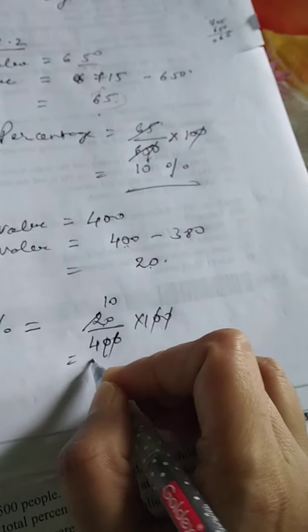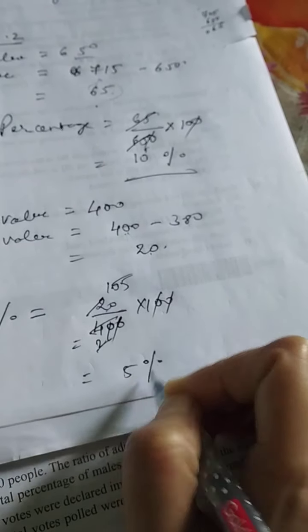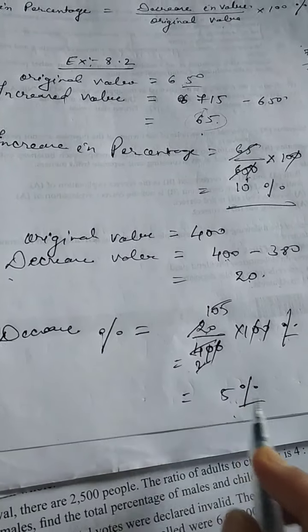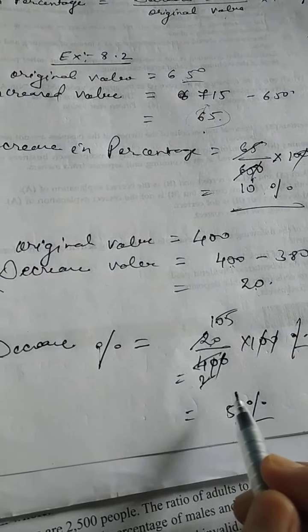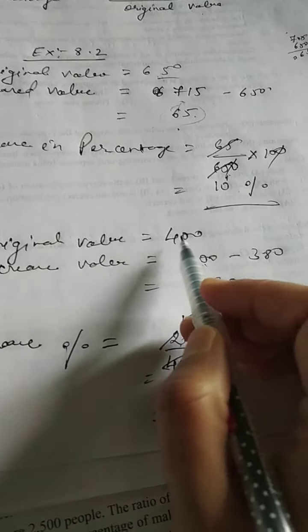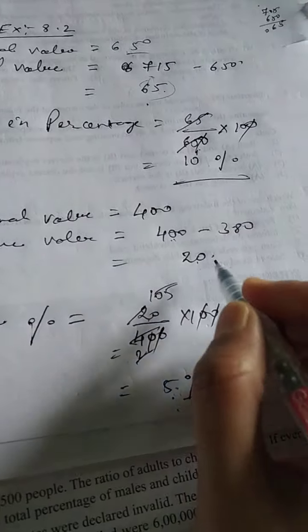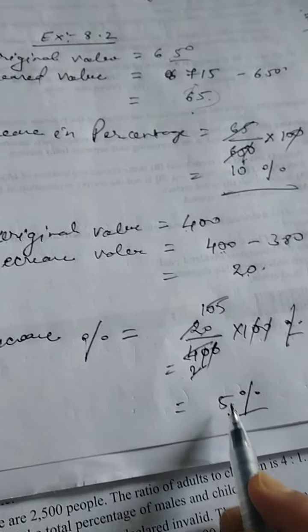Cancelling, we get the answer 5%. 5% is the decreased percentage, and when we add 380 plus 20, we get 400. So 5% is the decrease percentage.